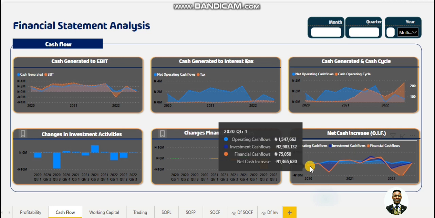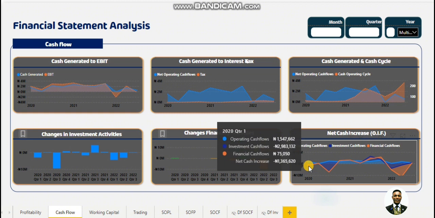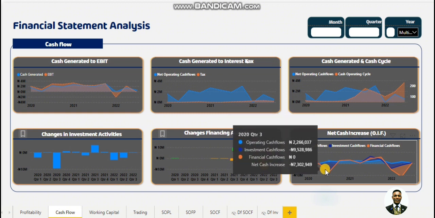We notice from the first quarter of 2021, they had net cash decrease. The second quarter, they were able to make a net increase, but very minimal, nothing compared to what was lost.